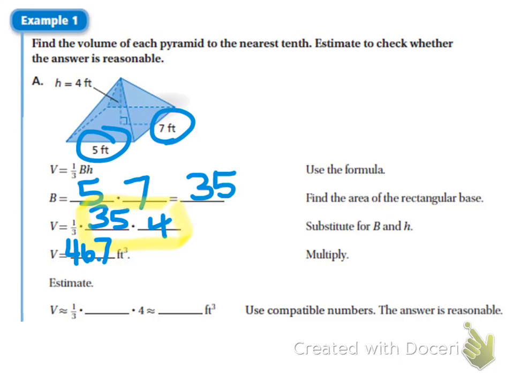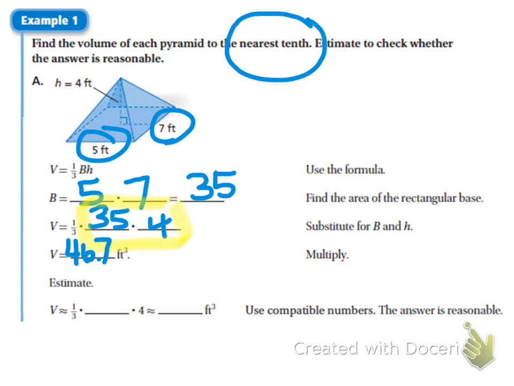So it's 46.7 feet cubed. And Dylan? Could you just put 46? It says round to the nearest tenth. So we rounded to 0.7. Good question.